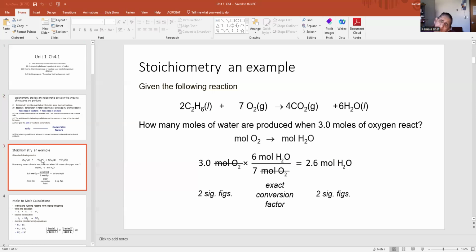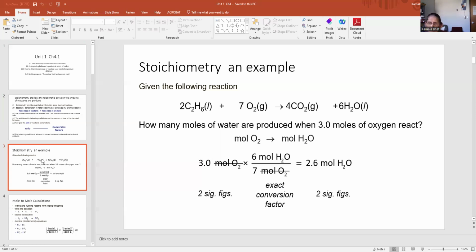So now, what does this mean? This means that if you take 2 moles of C2H6, then you will need 7 moles of oxygen. And when you burn that with 7 moles of oxygen, you would get 4 moles of carbon dioxide and 6 moles of water.